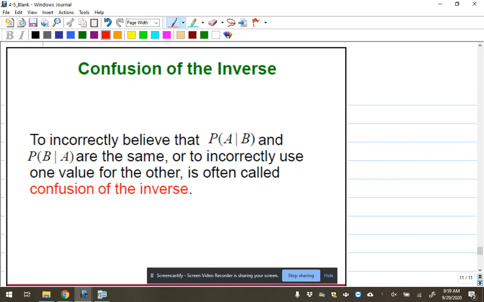It seems like it doesn't have to be said, but it's very often confused. A given B does not match B given A in all cases. That's the probability of A given B does not equal probability of B given A.